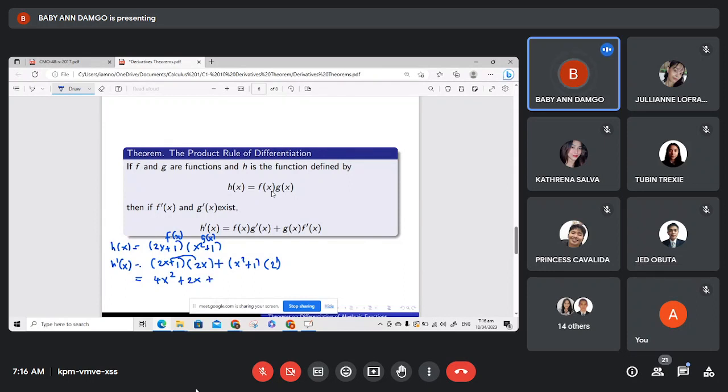So, plus, kani, 2 times x squared. This is 2x squared. Plus, so, kani, 2 times 1, this is 2. So, this is equal to 6x squared plus 2x plus 2. In which, mauna ni ang derivative.